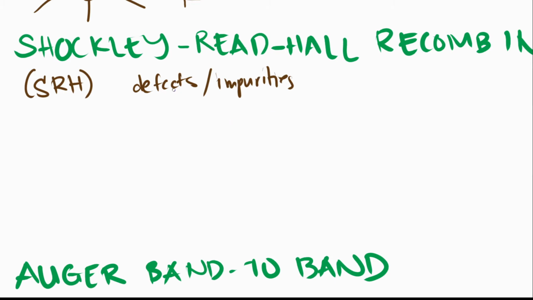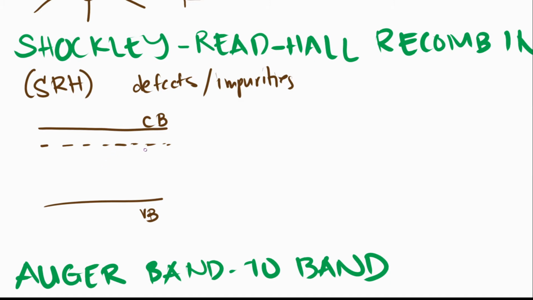So, due to these defects or impurities in our structure, what we see is in between your valence band and conduction band, there will actually be trap energy levels that might arise. This one's Shockley-Read-Hall recombination, not necessarily na ginusto natin to.